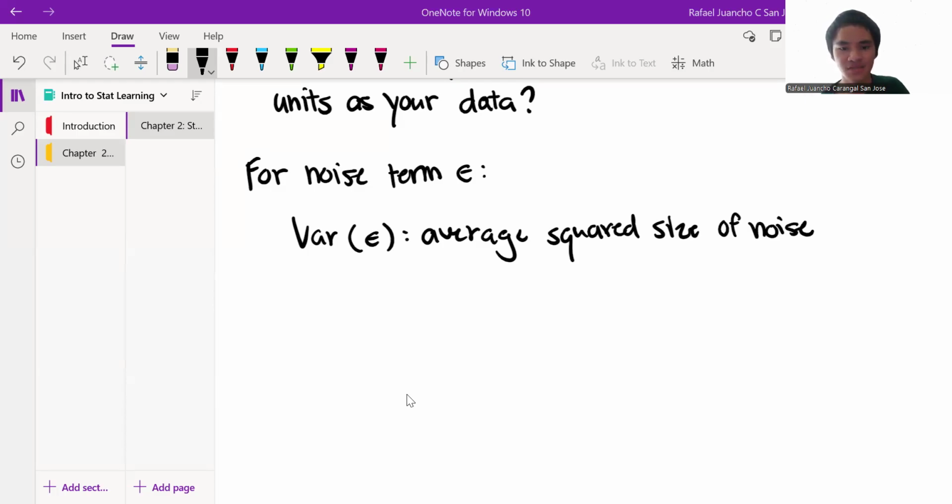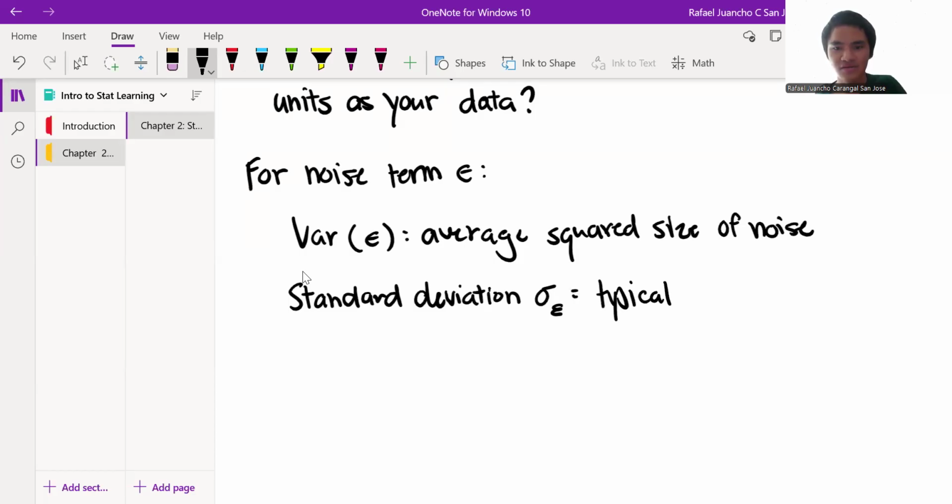And then for standard deviation, there is a way to write this in statistical format, which I think is the cursive o, with the thing that we're getting the standard deviation of as the subscript. And this is basically the typical size of noise.